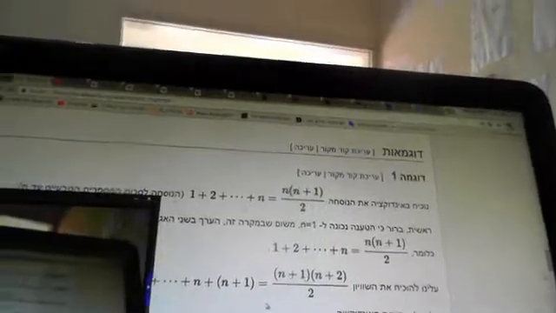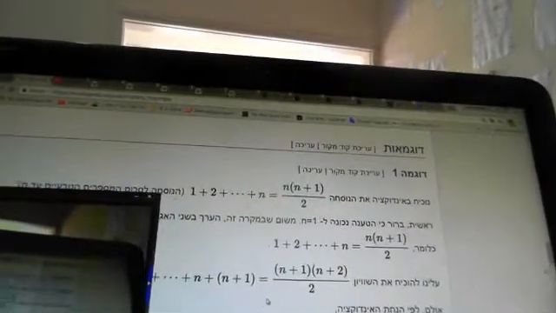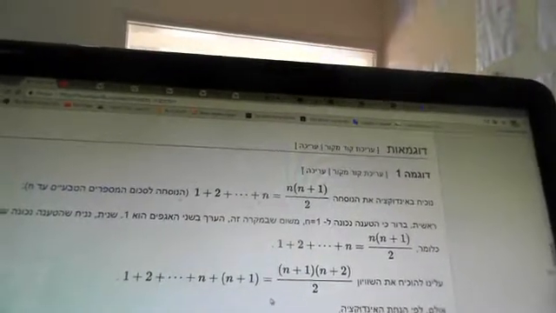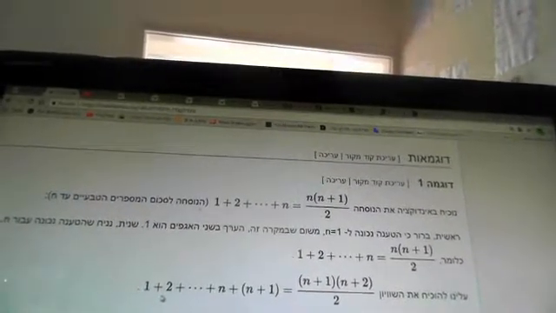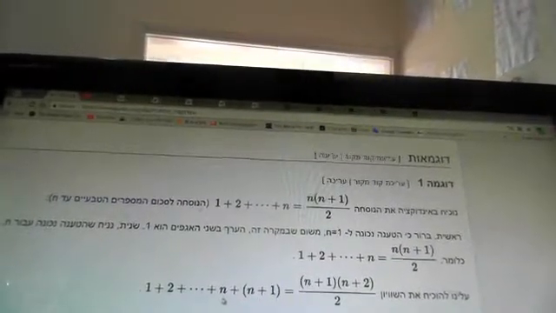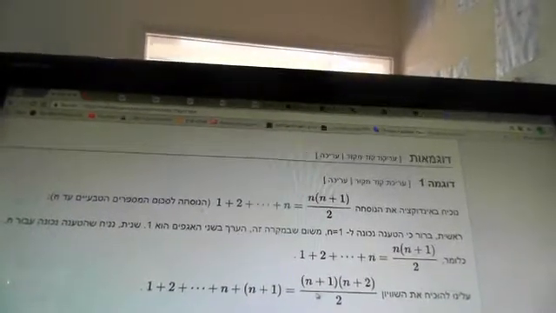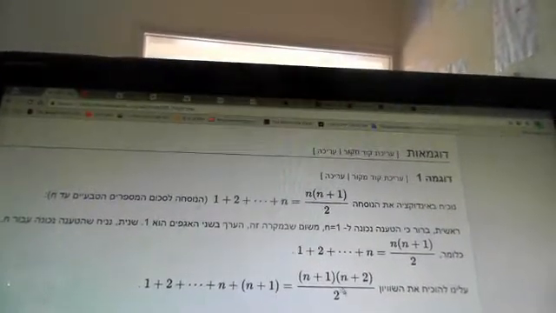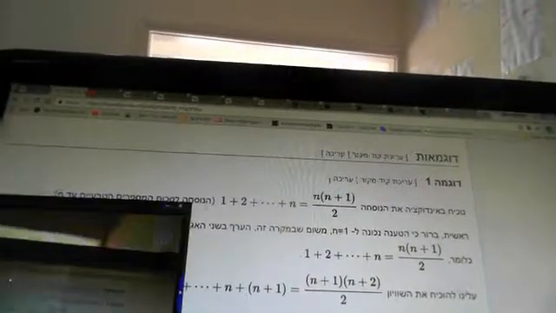This is our assumption, and when we rely on this assumption, we will prove that 1 plus 2 plus 3 plus etc. plus n plus 1 equals n plus 1 multiplied by n plus 2, and all is divided by 2. Okay.